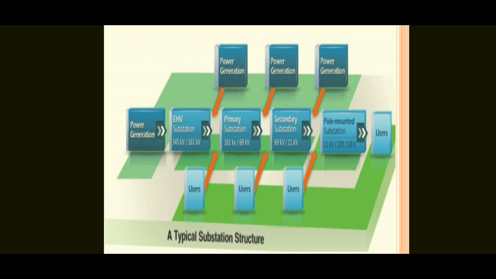They do not step down the voltage directly from 345 to 220 or 110 volt. Different stages are present. First, from 345 to 161, that is EHV substation. Next, 161 to 69. Next, 69 to 11 kV and 11 kV to 220 and 110 volts. So from 345 to 110 volt, different stages are present.